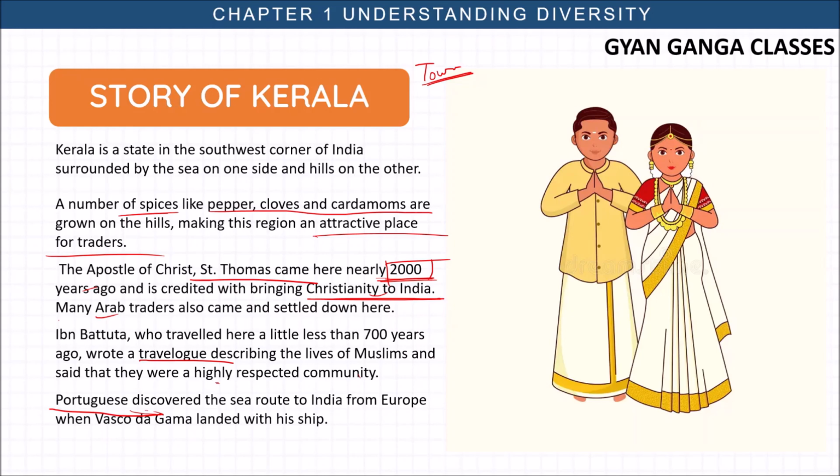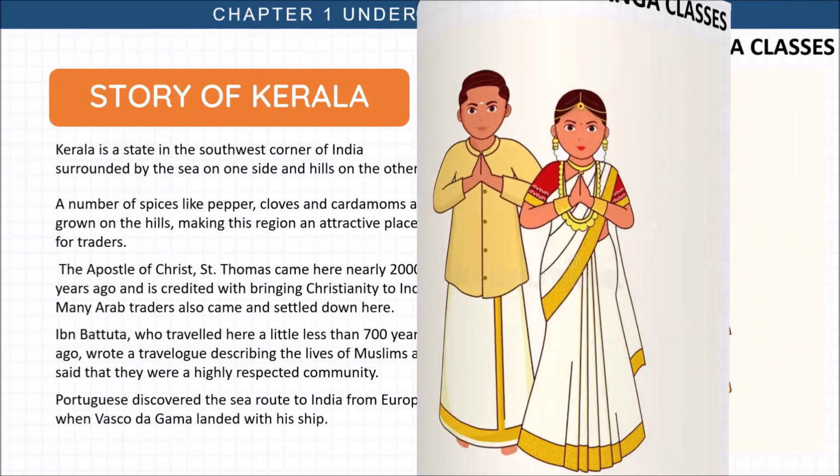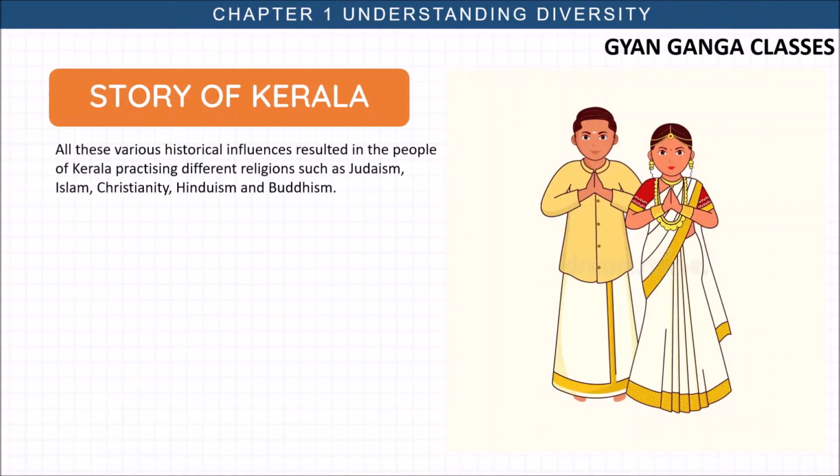Okay, so we see now all these various historical influences resulted in people of Kerala practicing different religions such as Judaism, Islam, Christianity, Hinduism, Buddhism. How many types of culture did they practice? They practiced five types of culture: Judaism, Islam, Hinduism, Buddhism, and Christianity.